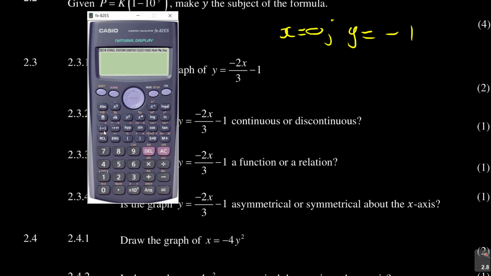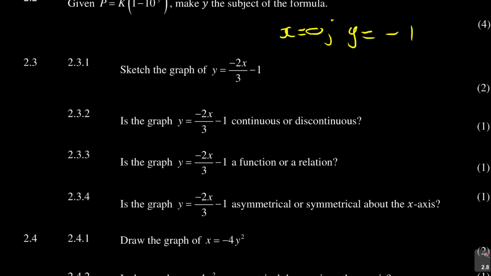If I say when x is, let's say x is equal to 6, let's use 6, not 3, so that it can be a multiple of 3 at the bottom. So it's negative 2 times 6 over 3, minus 1, is equal to negative 5.